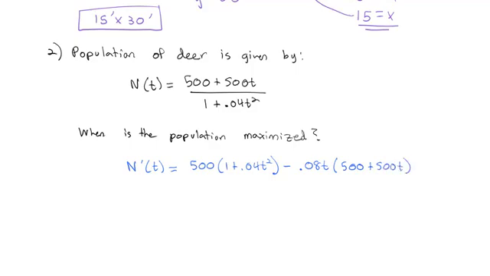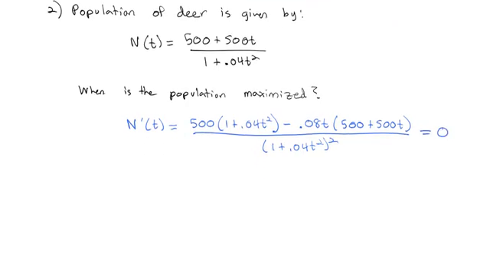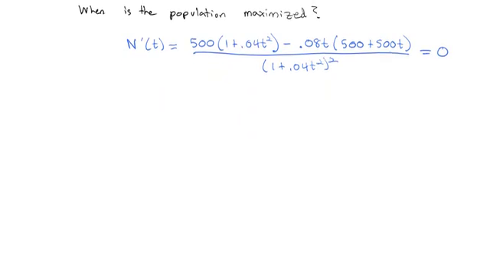And we need to divide all of that by the denominator squared. That's the derivative, and we know the optimal point happens when that derivative is equal to 0. So let's look at solving this function to maximize the population.